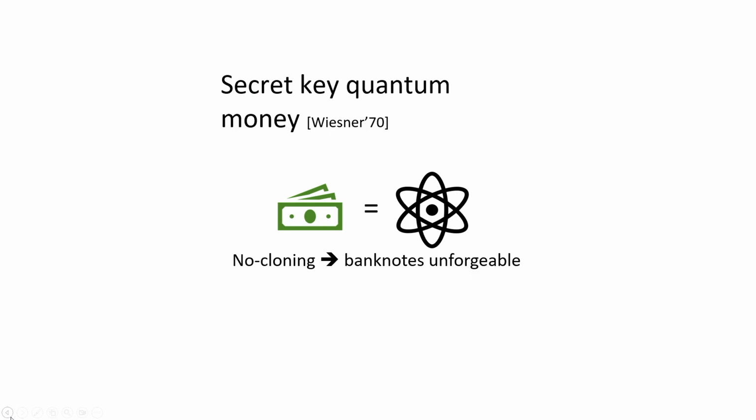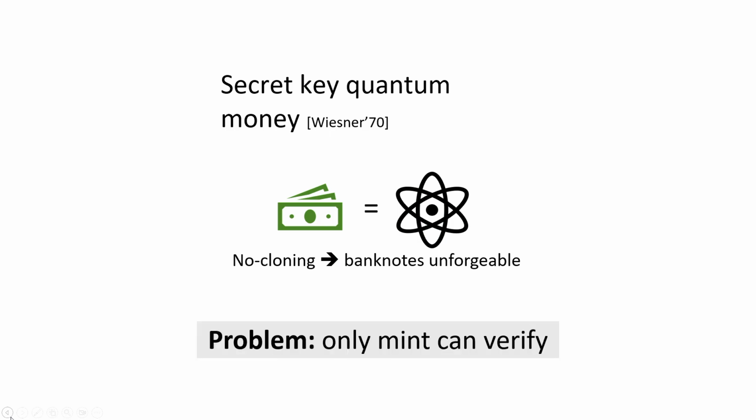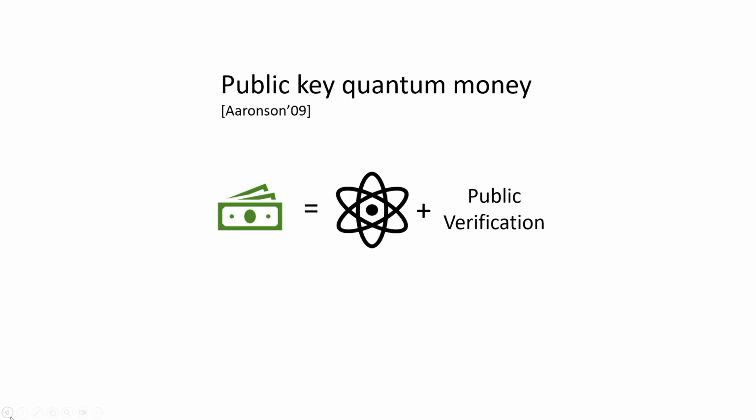And it comes with its own host of issues, including the ability to fix deterioration in the banknote and other issues. And this led Aaronson in 2009 to define the notion of public key quantum money, where in addition to the quantum state, there's a public verification procedure, which means that anyone can verify.